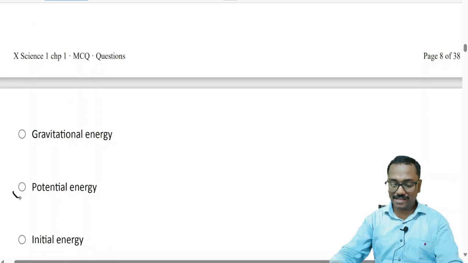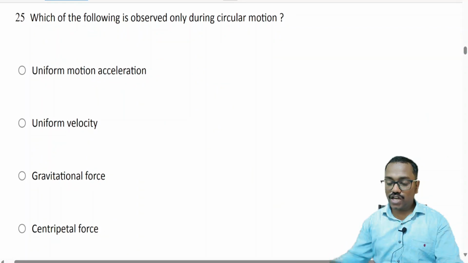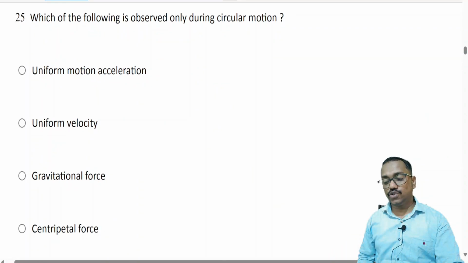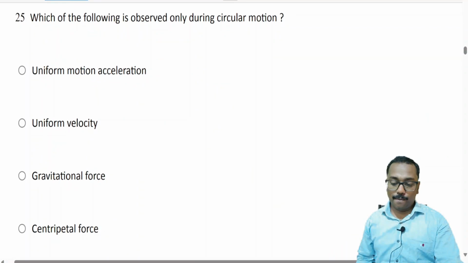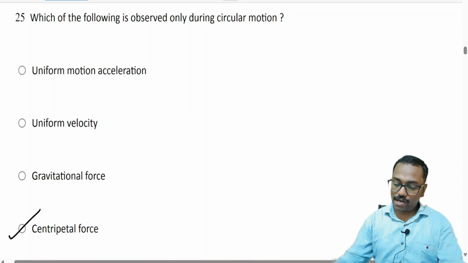So its answer is potential energy. Next, 25th question. Which of the following is observed during circular motion? Uniform motion acceleration, uniform velocity, gravitational force and centripetal force. So its answer is centripetal force.